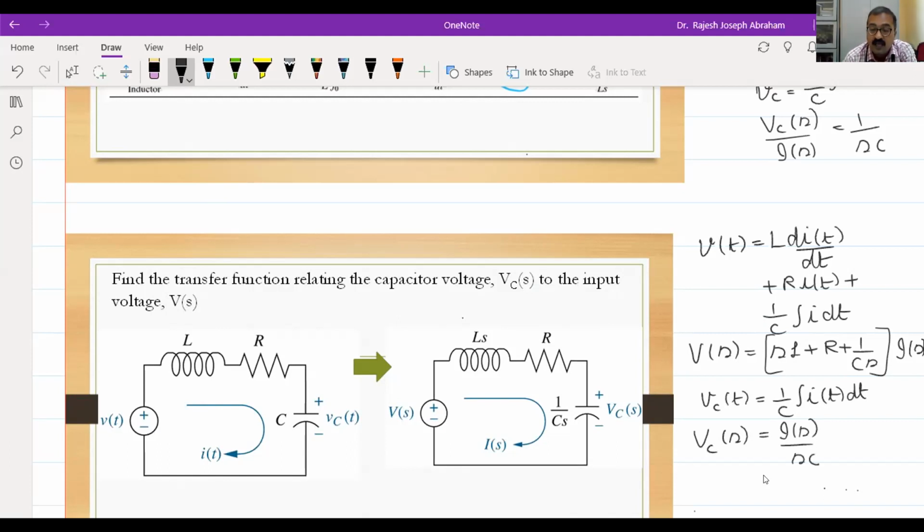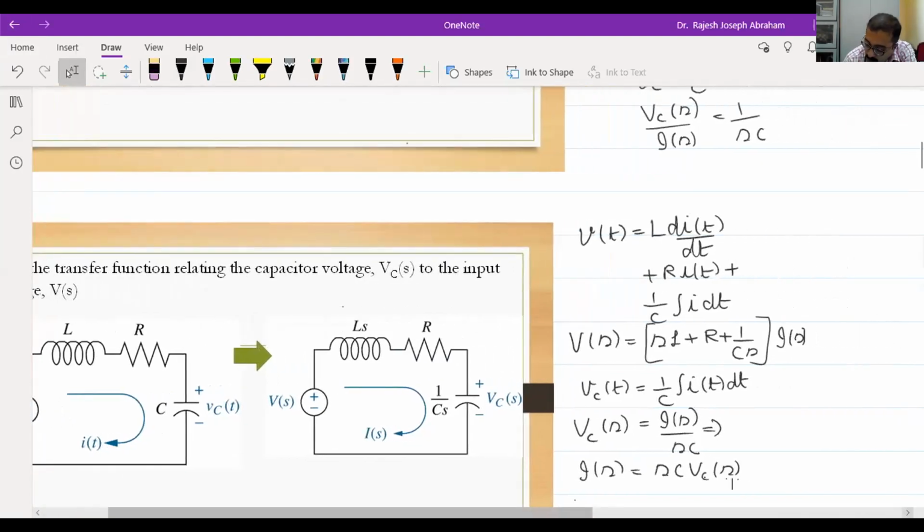Our aim is to find a relationship between VC of S and the input voltage V of S. Okay, so that means the intermediate variable I of S has to be eliminated. So from here, what is I of S? I of S will be SC into VC of S. Okay, SC into VC of S, right? So that means what?